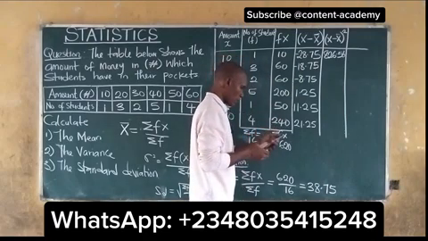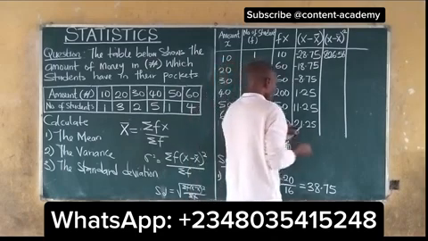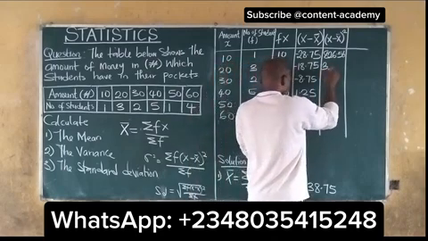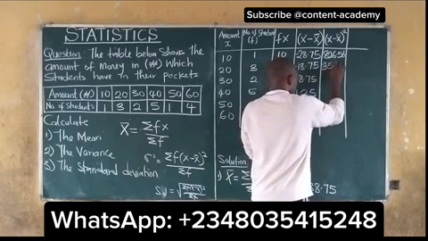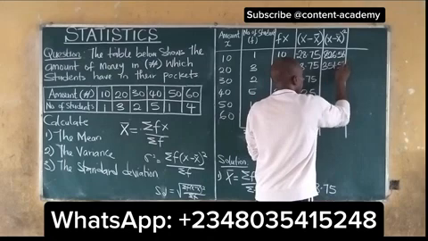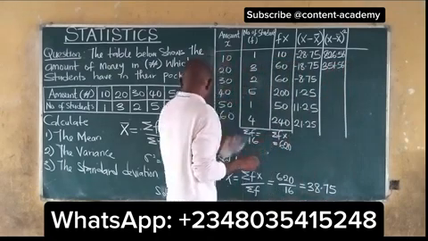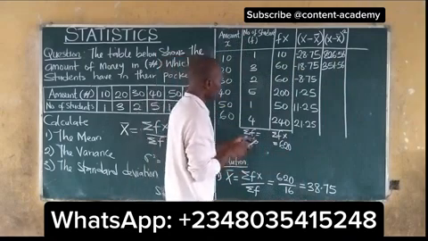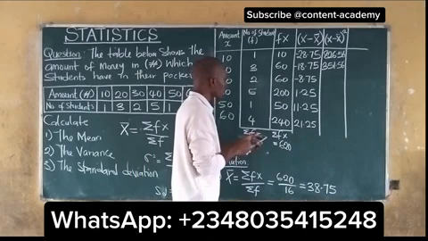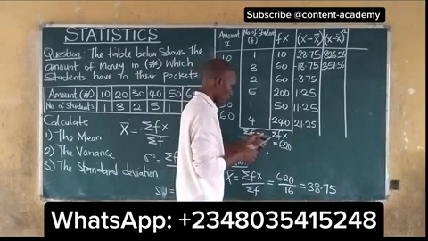The next one is 18.75 squared. We have 351.56. Also, we have 8.75 squared.